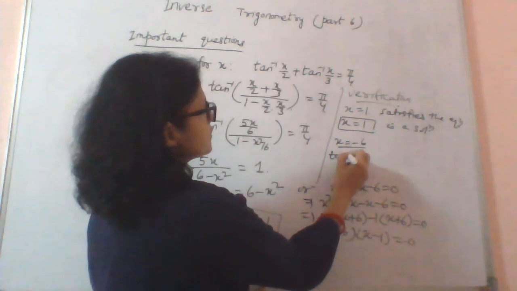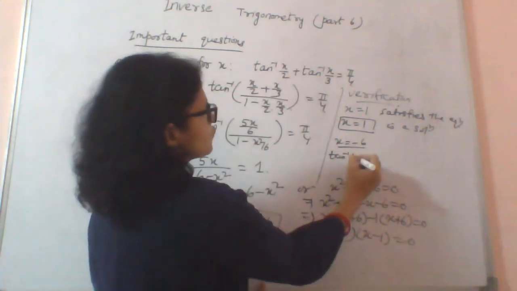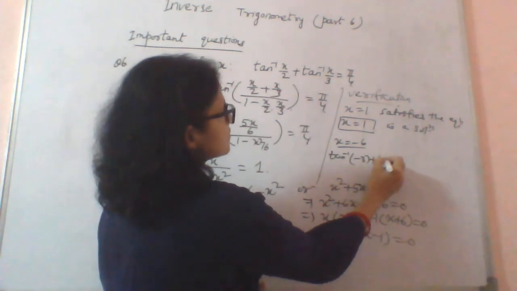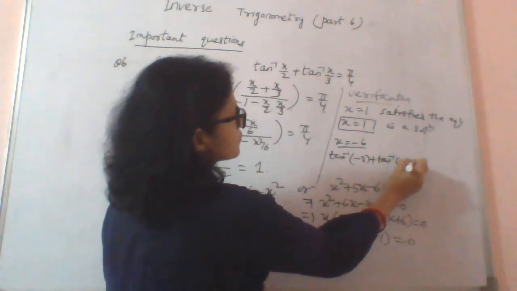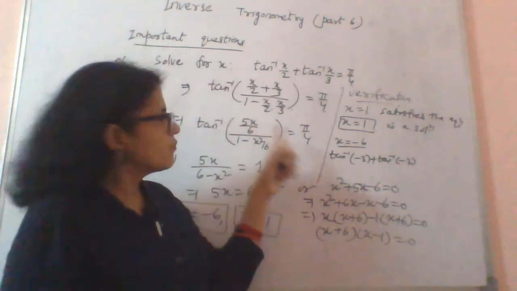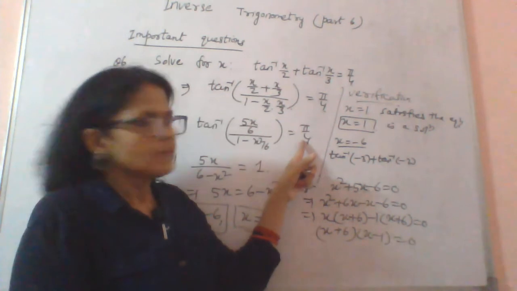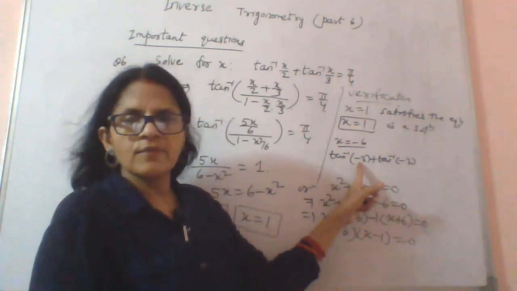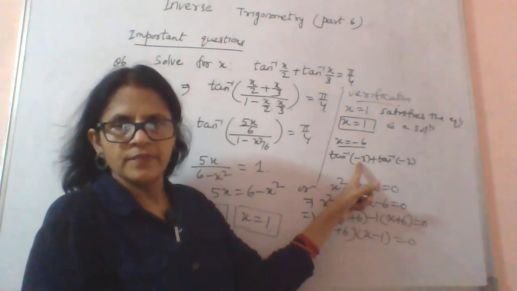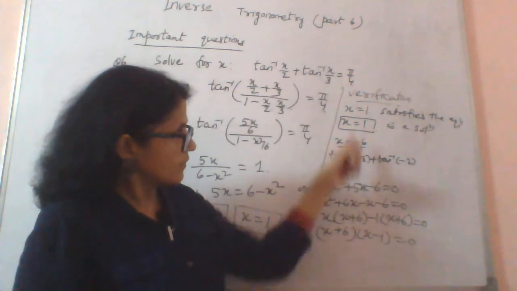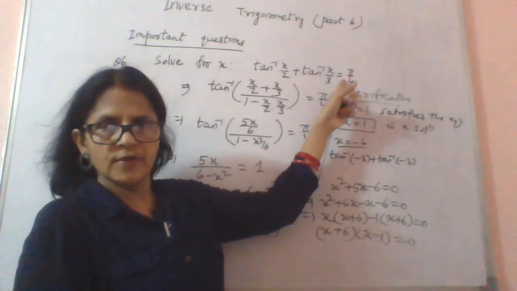Tan inverse minus 3 plus tan inverse minus 2. Even if you put the value here, you can get pi by 4. But here you see, your x and y both are negative. And when x and y both are negative, can you get pi by 4 here?